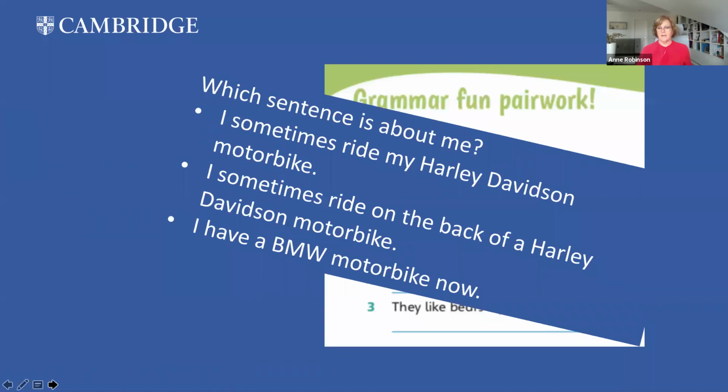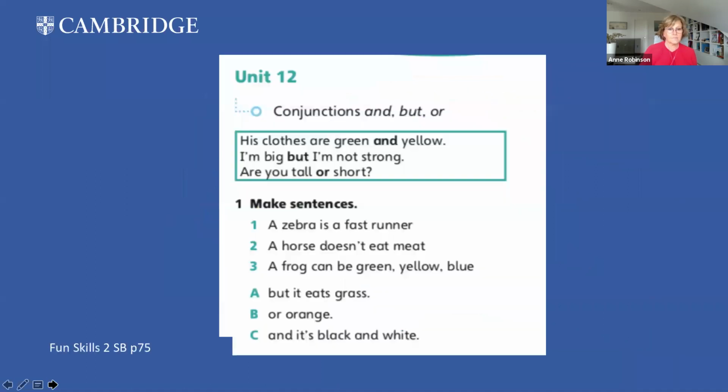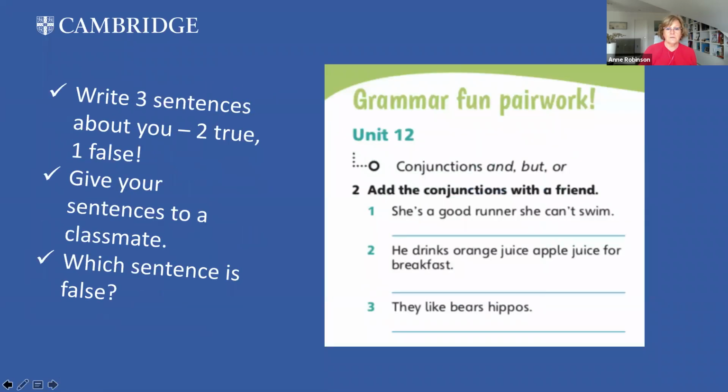So again, little twist, little challenge, reason for listening to your classmates or reading your classmates' sentences, and there's a task to do. As a follow-on, I'll just go back to that original one.